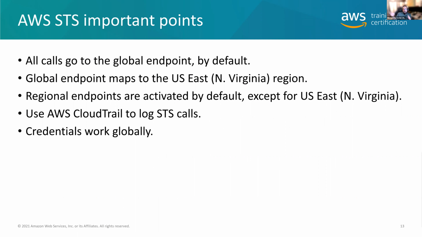Regional endpoints like Oregon and all the others are activated by default, except for US East. Everything you do against STS does show up in CloudTrail if you've activated CloudTrail, and credentials that you get are global, just like they are in IAM, which means that when you pull down an STS token to get authentication, you can use that token across your account anywhere in the world. So, just know.